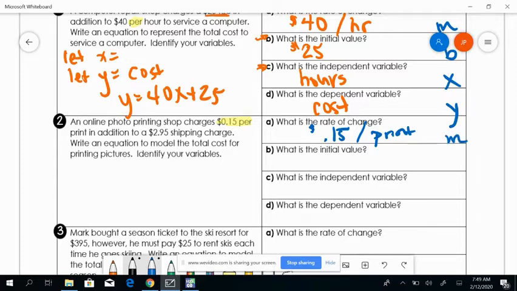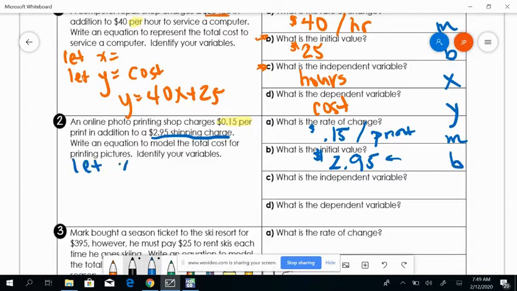In addition to a $2.95 shipping charge. That $2.95 is going to be my initial value. Because think about, I don't know if you've ever ordered pictures before, if you've ordered something like this. That $2.95, they're saying that that is something that's added on to every order. It doesn't matter if I order 1,000 pictures or if I order 2 pictures. That's a value that's not going to change. So that's my initial value, or my b.